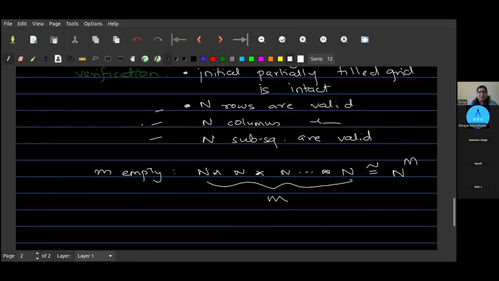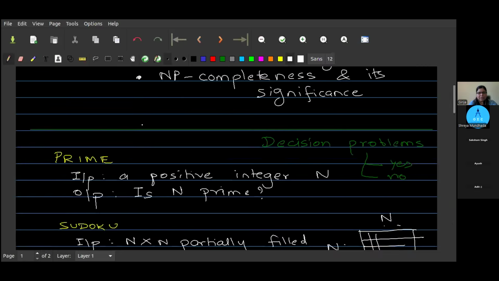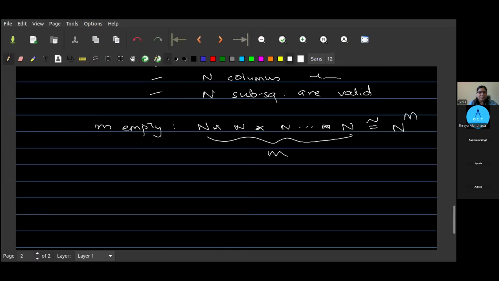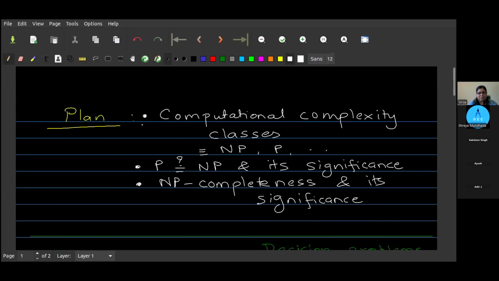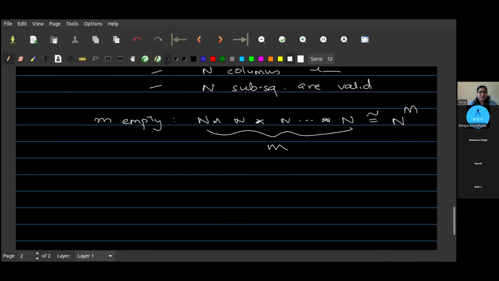Again, I'm not talking about what is easy here, what is tedious here. That we will formalize when we talk about the classes P and NP and so on. But in some sense, we are talking about complexity. What is the complexity of doing this verification versus the complexity of solving it? So we are slowly coming to the complexity part.